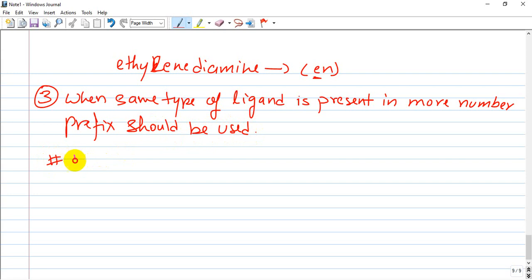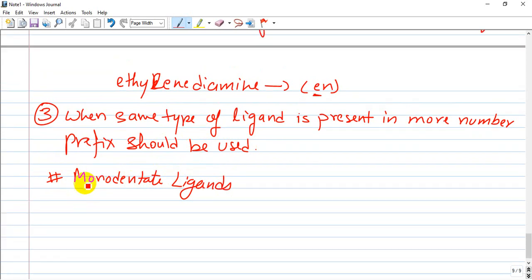So for monodentate ligands, we use prefix like di for 2, tri for 3, tetra for 4, penta for 5, etc. These numerical prefixes help in writing the number of molecules of the ligands.